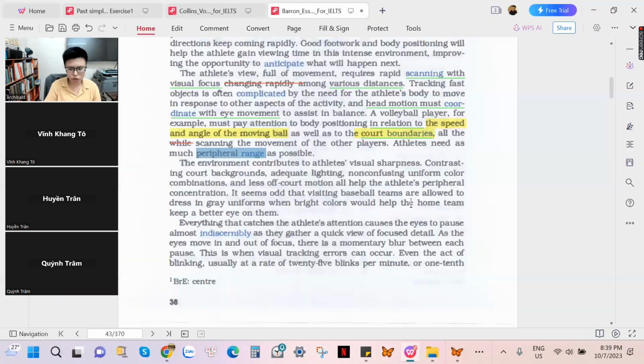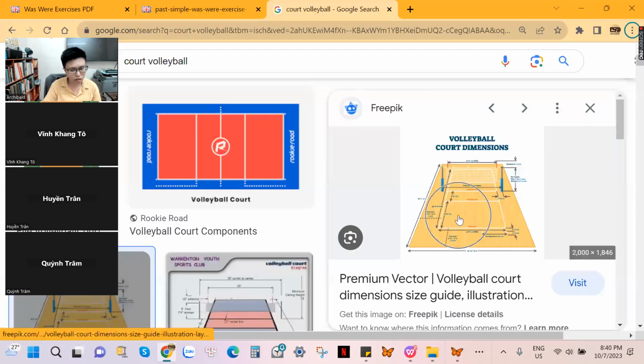So here, the athletes need as much peripheral range as possible, which means the athletes need as many unofficial areas outside the rectangular as possible, because somehow when they run they will get out of the rectangular, just a little bit out of the rectangular.